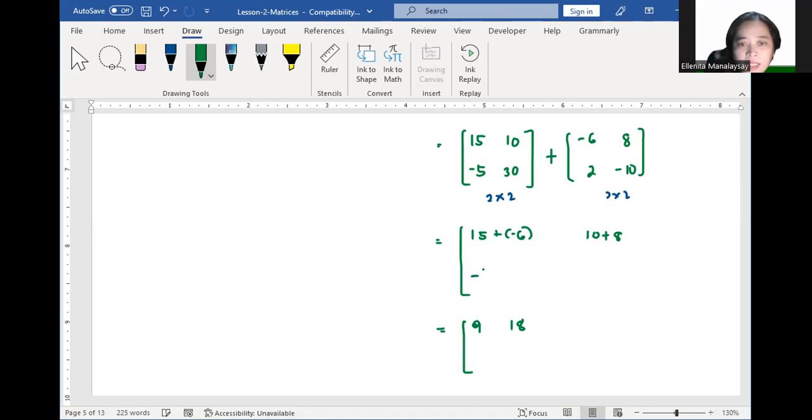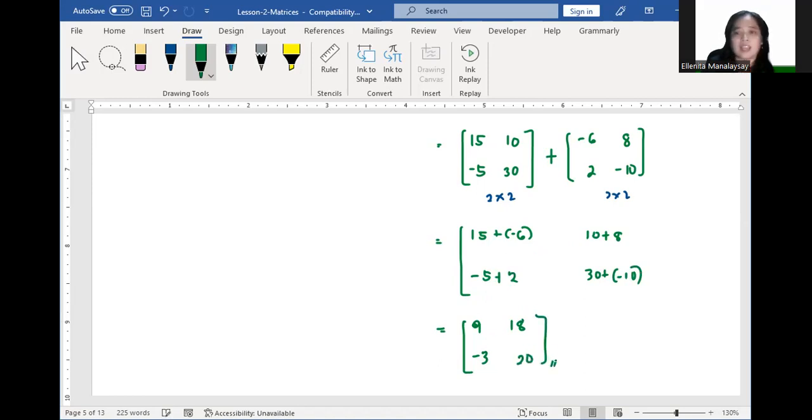And then negative 5 plus 2, that's negative 3. And then the last one, 30 plus negative 10 is positive 20.